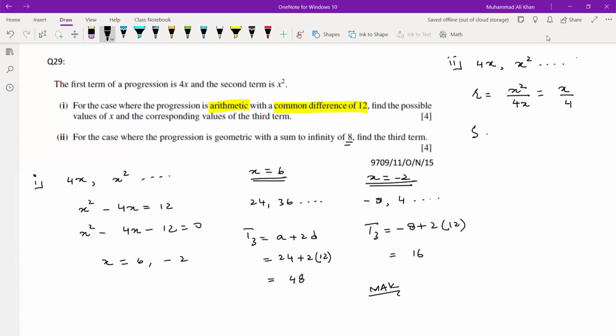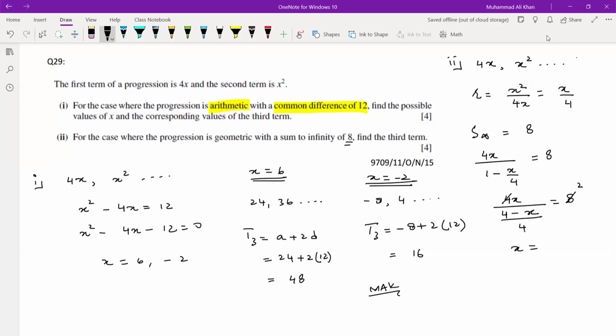Now, sum up to infinity is given, which equals 8, and the formula is a upon 1 minus r equals 8. 4x upon, by taking LCM, (4 minus x) upon 4 equals 8. By cancellation, 4 2s are 8.